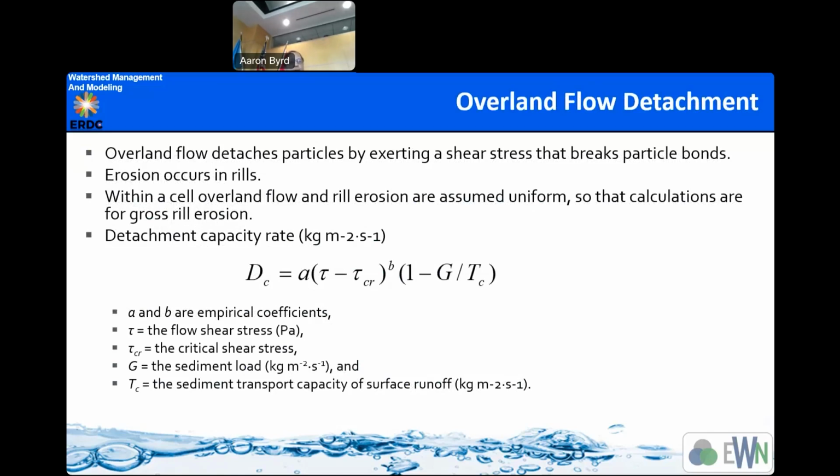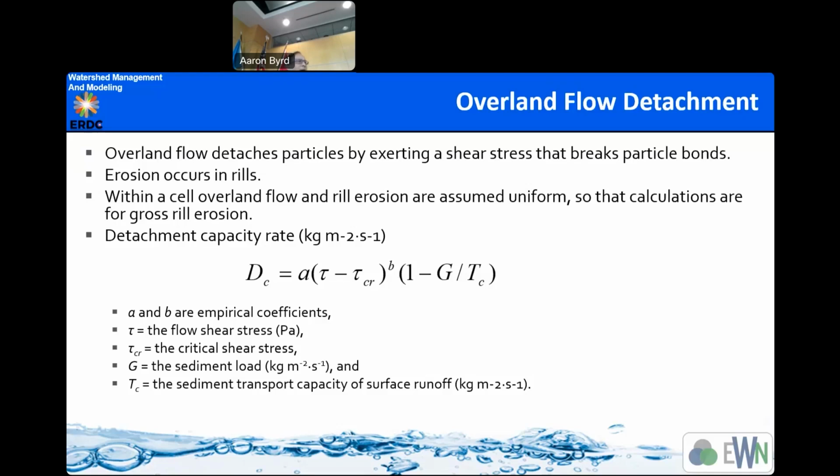On the other hand, the detachment by shear stress is important. In this case, the user has to define some parametric values like A and B in this equation, where A is a coefficient and B is an exponent to the difference of actual shear stress and critical shear stress.